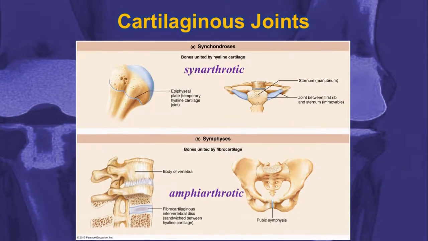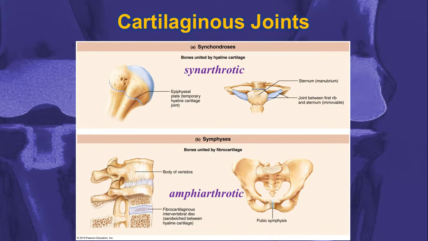Next are the cartilaginous joints, held together by cartilage. So do you guys remember talking about the epiphysis and the diaphysis and the growth of long bones that happens there at the epiphyseal plate? And we said that at that time while the bone is growing, we have two different bones, well, three different bones in one bone, right?